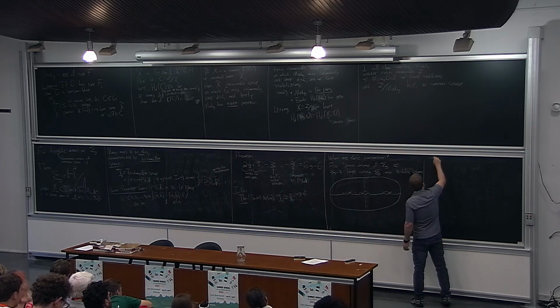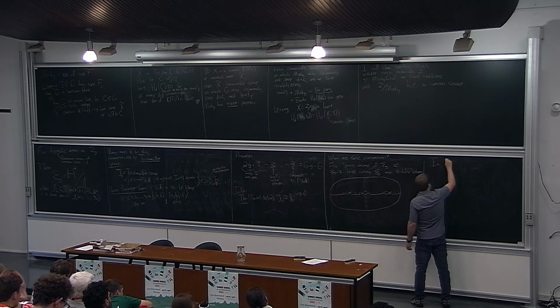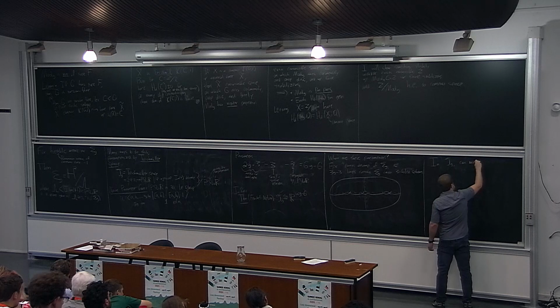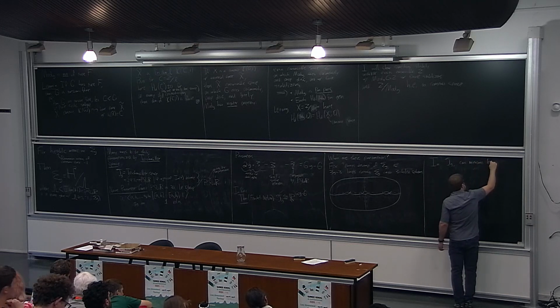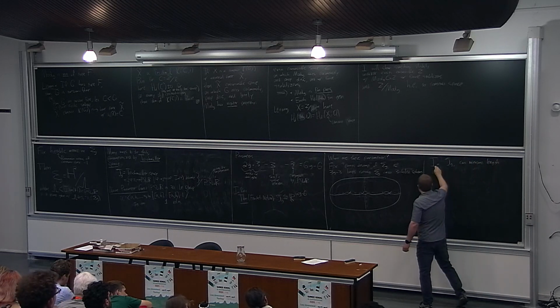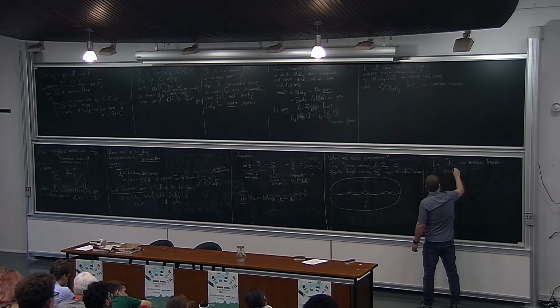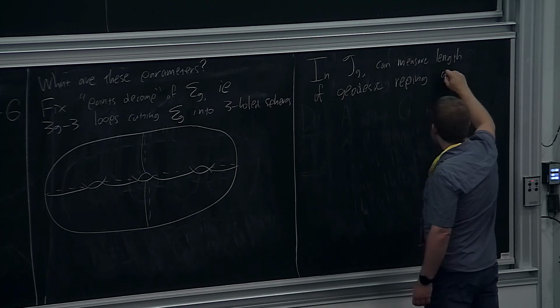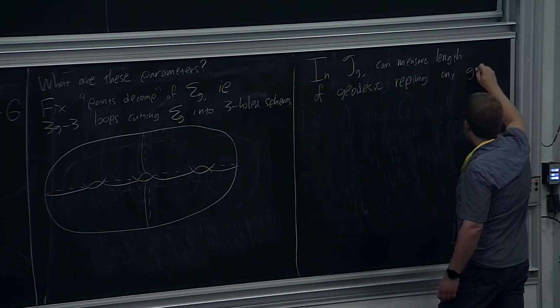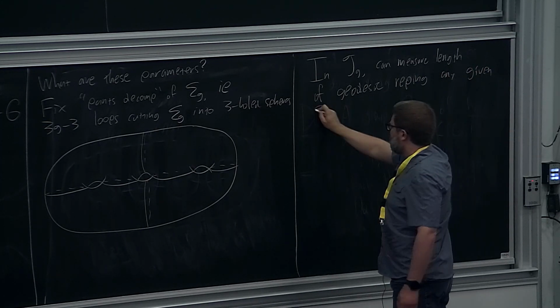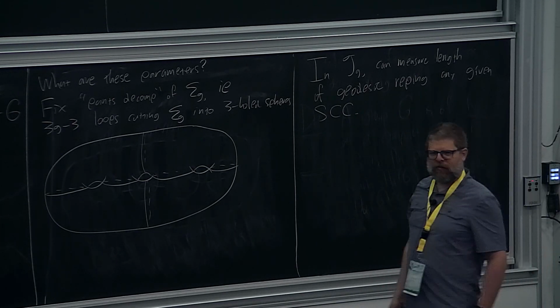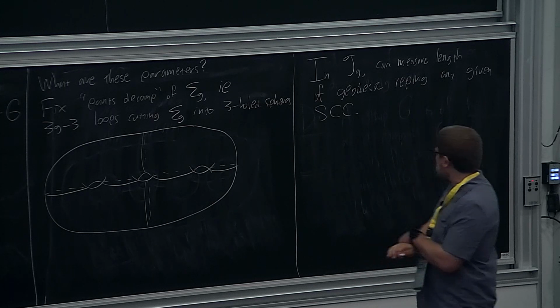So in TG, you can measure the length of a geodesic representing any given simple closed curve. That's the sort of thing you can do. There's a unique geodesic, because it's negatively curved.